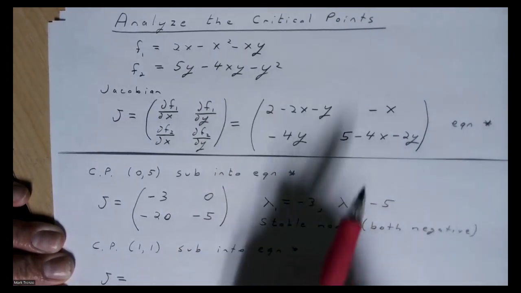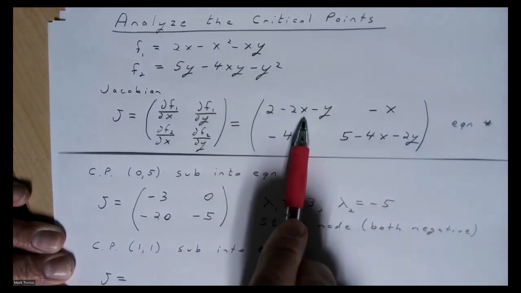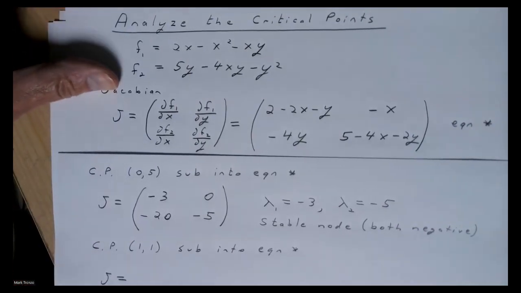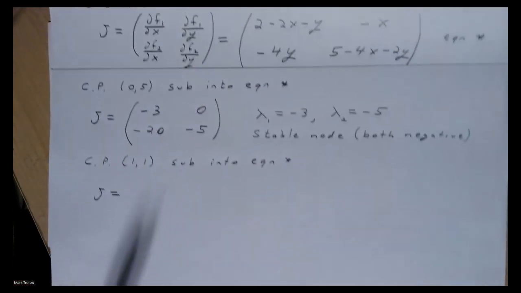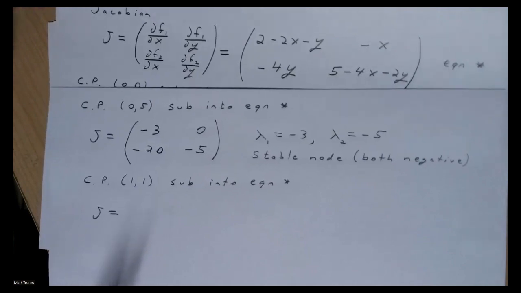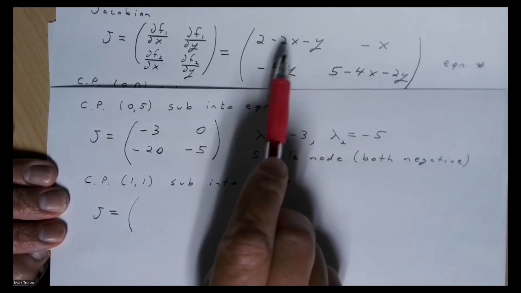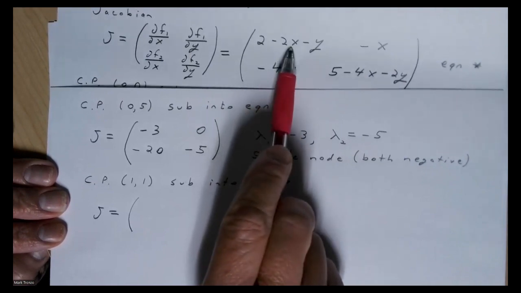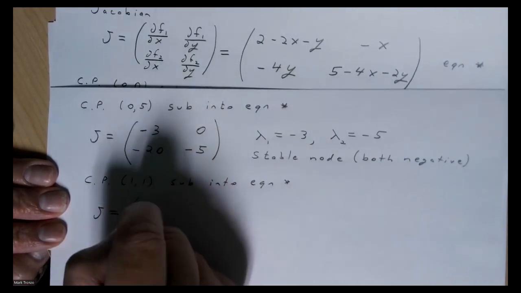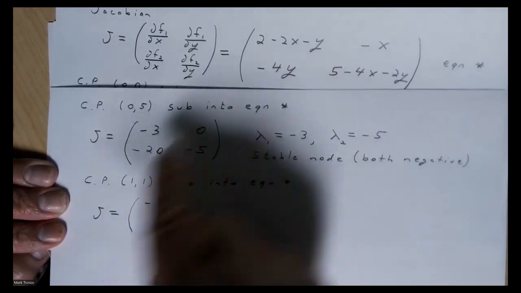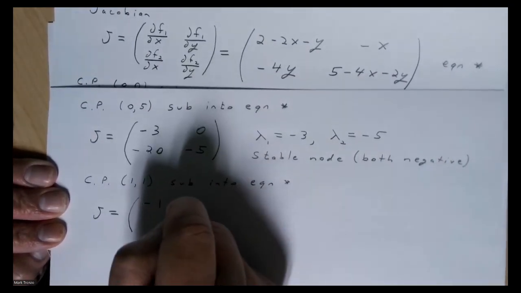If we put 1, 1 into here, and let me move this all up a bit, that's going to give us 0, and then minus 1. And then over here, minus 1.